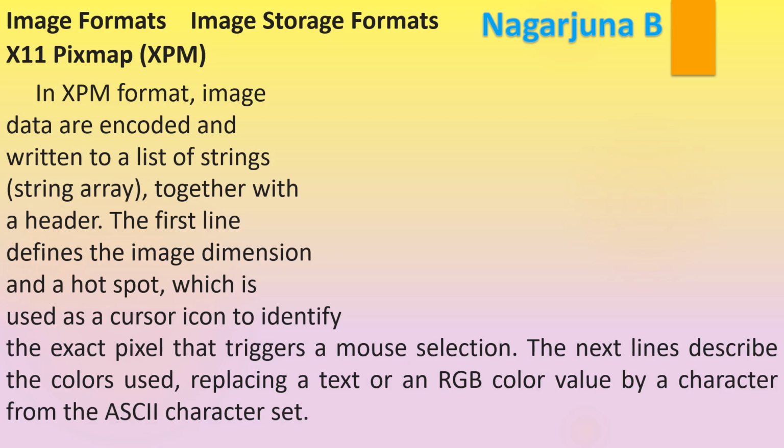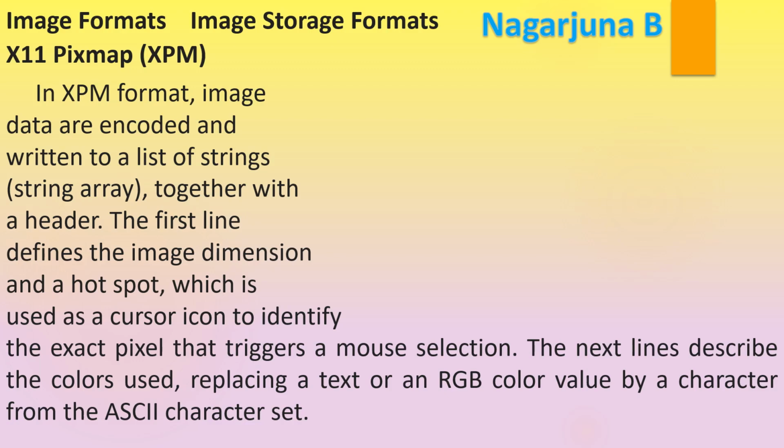The first line defines the image dimension and the hotspot, which is used as a cursor icon to identify the exact pixel that triggers a mouse selection.